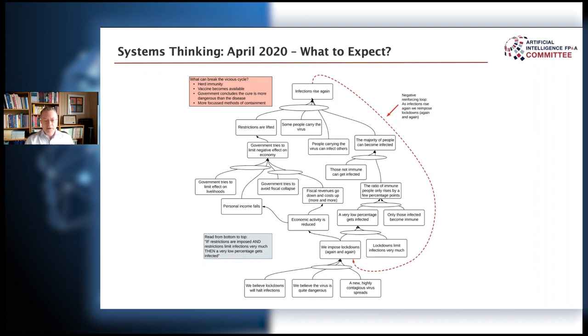If we start at the bottom, we have a new and highly contagious virus spreading through society, and we believe this virus is quite dangerous. We believe also that lockdowns will halt infections, so we impose lockdowns. If this and this and this is true, then this must be true.